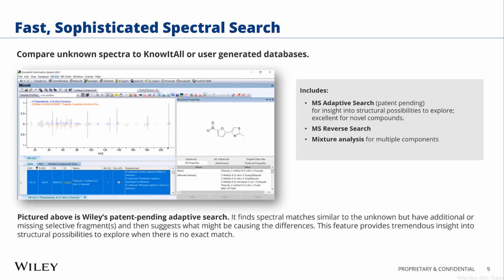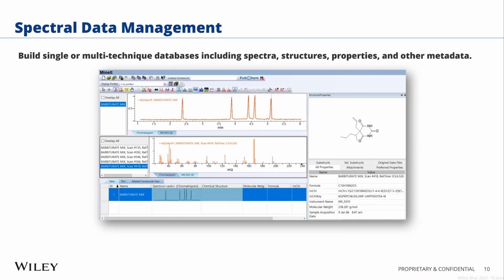It then suggests what might be causing the differences where possible. It provides a lot of insight into structural possibilities that can be explored when there's no exact match. I'll be showing you this in a demonstration later as well. And we also have reverse search and mixture analysis.